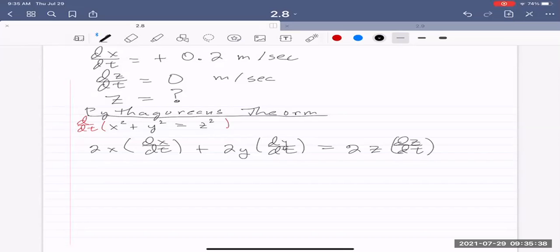You cancel out all the 2's: x dx/dt plus y dy/dt equals z dz/dt.